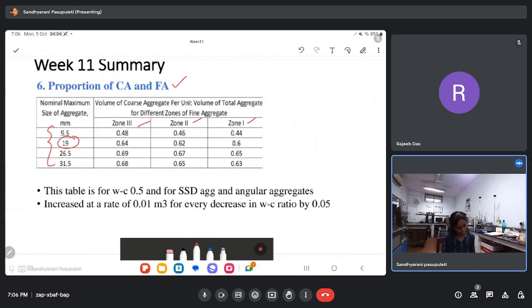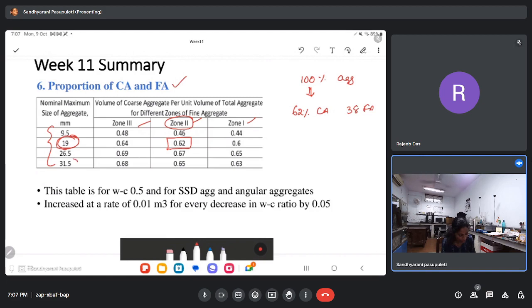Let us say I am going to use the fine aggregates from zone 2, and my nominal maximum aggregate size in the coarse aggregate is 19. Then we have to select 0.62. That means, let us say total 100% is the aggregates. Out of this 100%, 62% would be coarse aggregates and the remaining 38% would be fine aggregates.